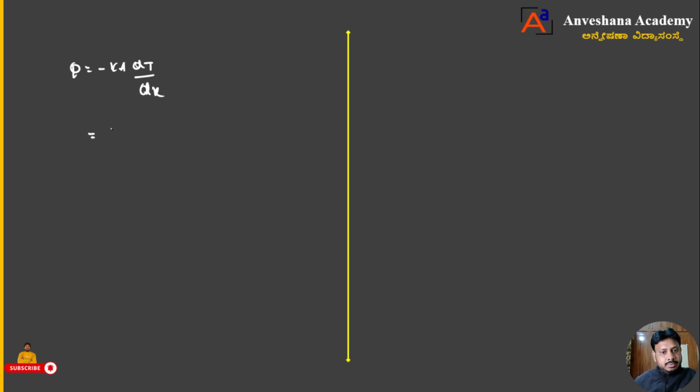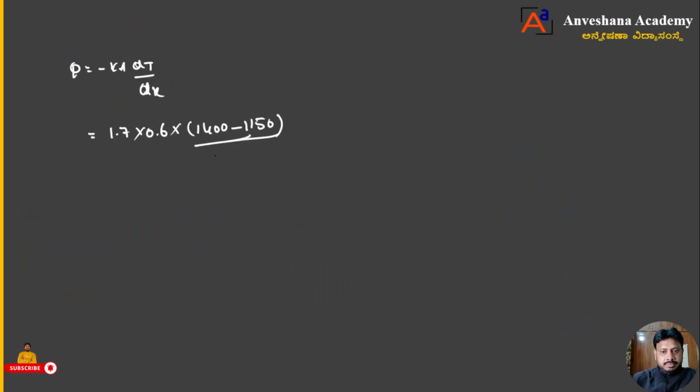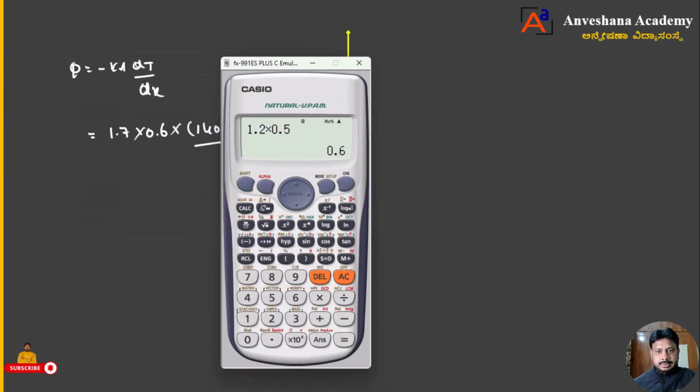So I will write it here: 1.7 into area 0.6, then the highest temperature 1400 Kelvin minus 1150 Kelvin, divided by dx, or L, which is 0.15. Now do the simplification.